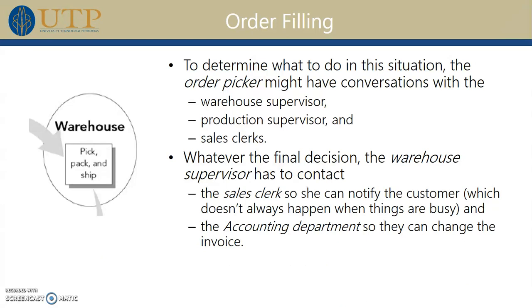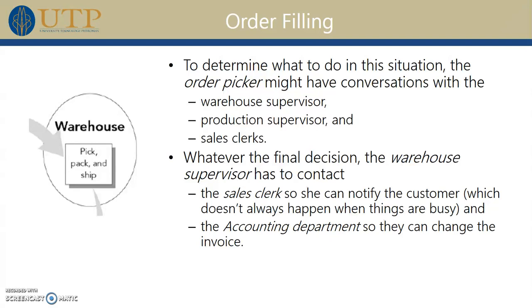Because they have three options, they need to decide which one to take. To determine what to do in this situation, the order picker, the person who picks the order from the warehouse to be shipped to the customers, needs to communicate with the warehouse supervisor, production supervisor, and also the sales clerk.